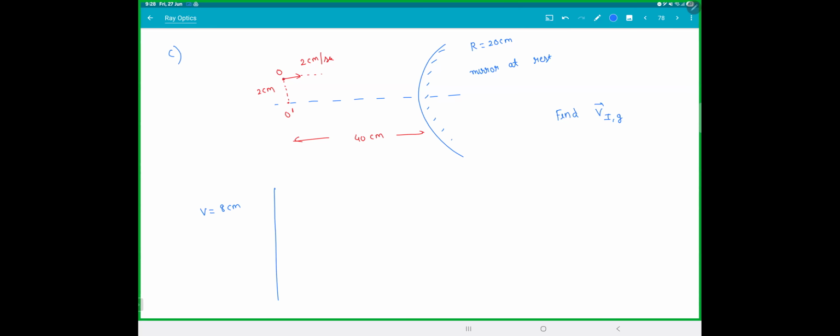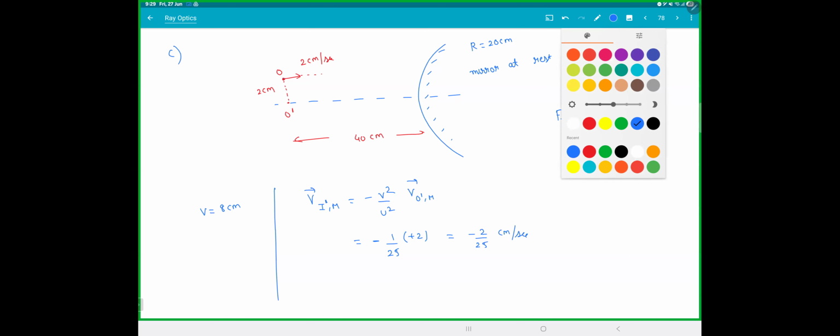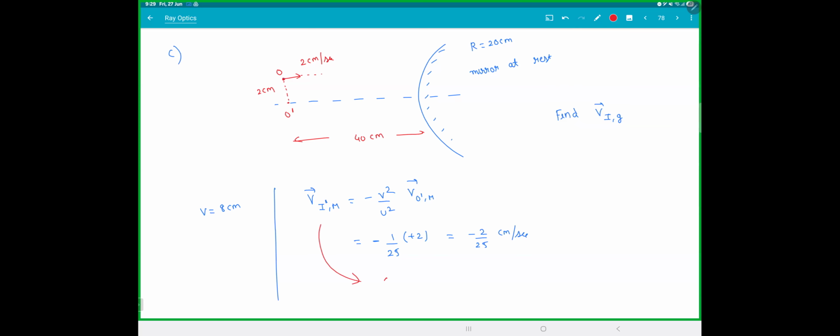So when you apply this formula, velocity of the image will be v_I = minus v square by u square times velocity of object. So this is minus 1 by 25 and this is 2. This is minus 2 by 25 centimeter per second. So this gives you the component along the principal axis, the x component.